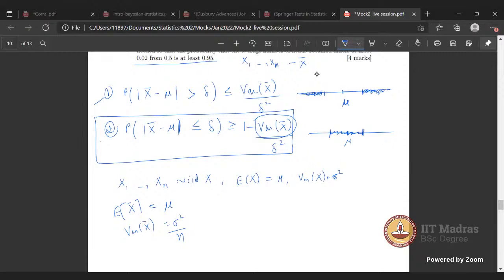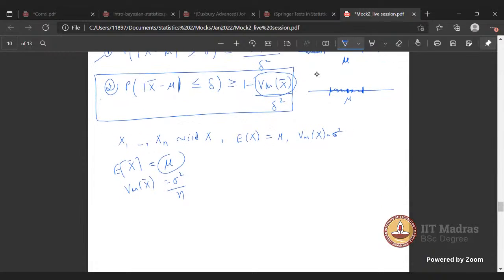Okay, not in between. So if I have, let's say, n IID samples that have the distribution x, and the expectation of x is given by mu, and variance of x is given by sigma square. So x bar, we know, is given by x1 plus x2 up to xn by n, and its expectation is mu. And variance of x bar is given by sigma square by n.